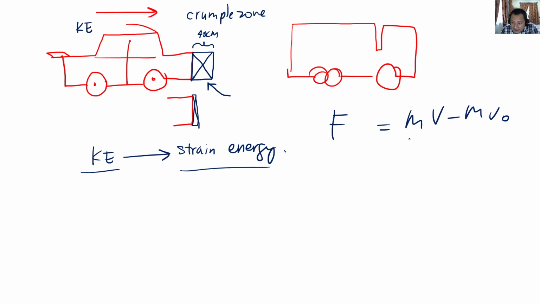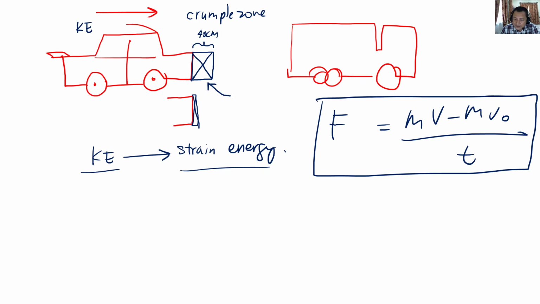So T, bring it over here. You want to reduce the force, so you want to lengthen the time, meaning you want to make your crumple zone absorb a lot of that energy. So 40 cm is not very long.